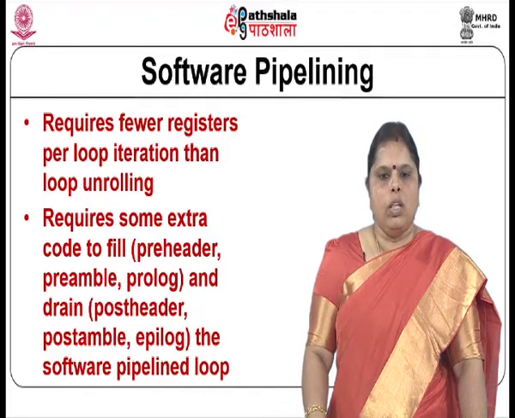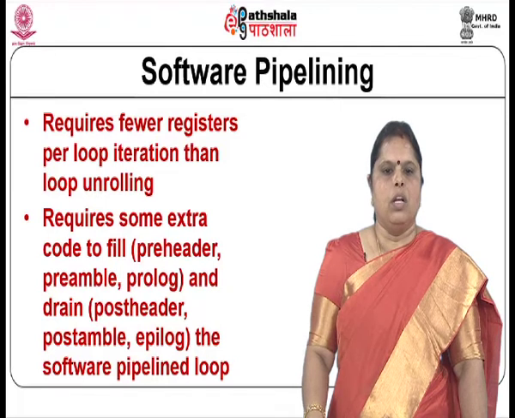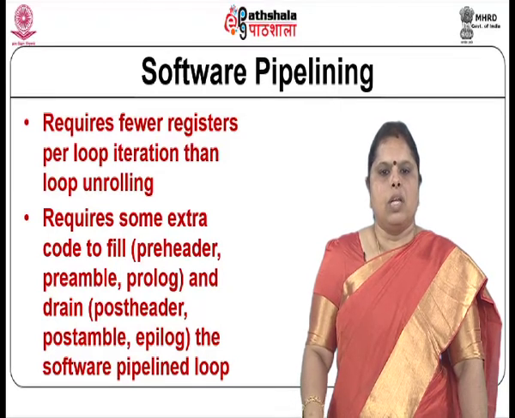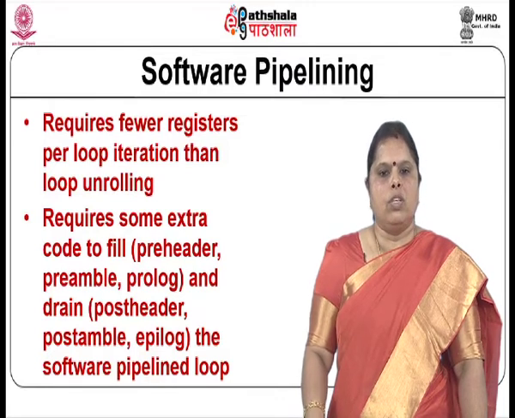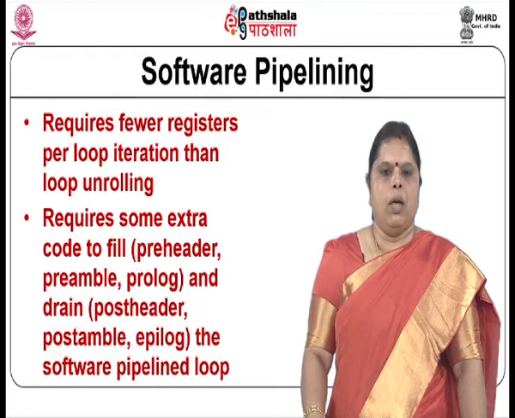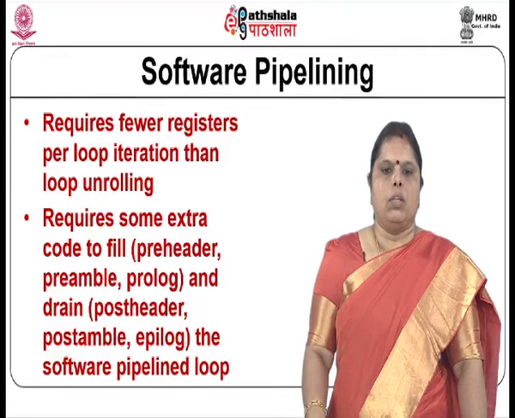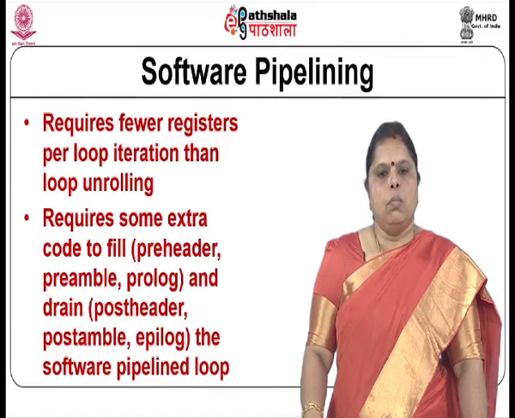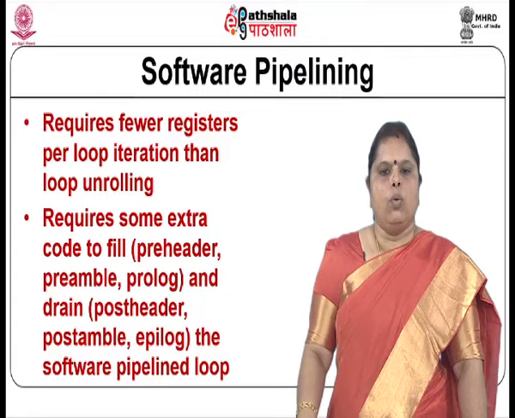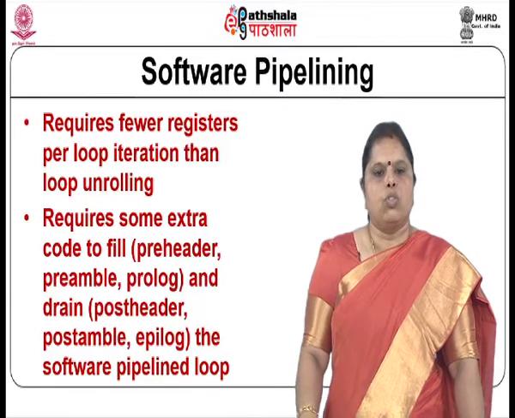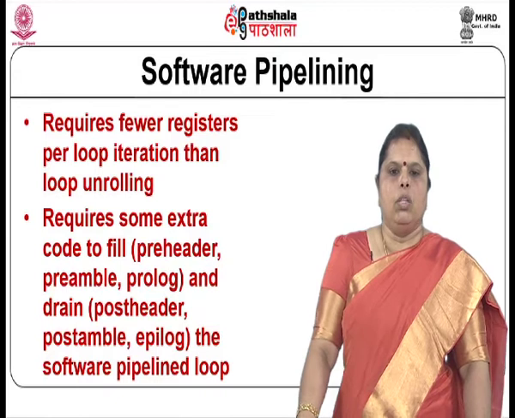When all the instructions of the loop are executed in the loop body, that is the kernel and you get the maximum performance. But before executing the kernel, you need some time for the pipeline to fill up. That is called the pre-header or the preamble or the prologue. Similarly, after you have executed all the kernels which correspond to the different iterations, finally you will have to drain the pipeline, which is called the postamble or epilogue or the post-header.